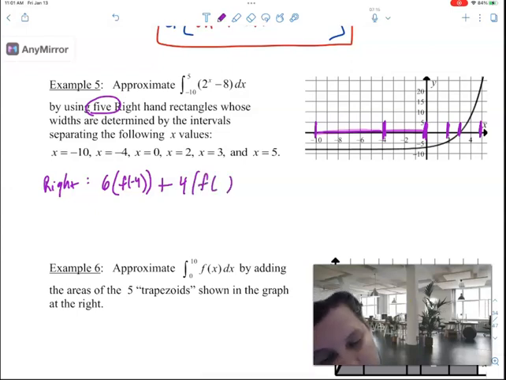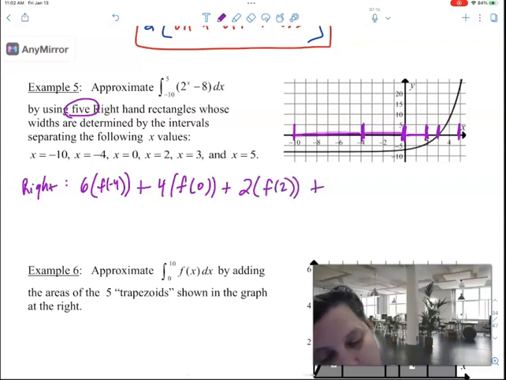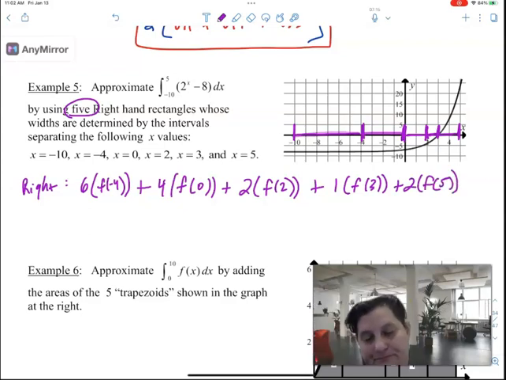And then a height of the one on the right, which is 0. Okay, cool. The next one has a base of 2 and a height of the one on the right. The next one has a base of 1 and the height of the one on the right. And then the last one has a base of 2 and a height of the one on the right. Okay, so those are my 5 rectangles.